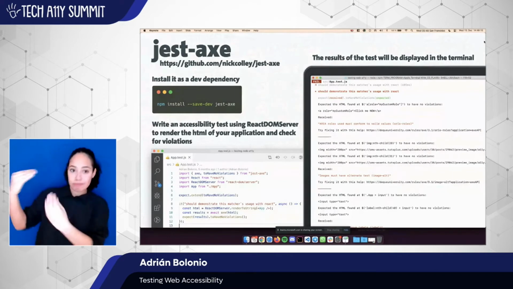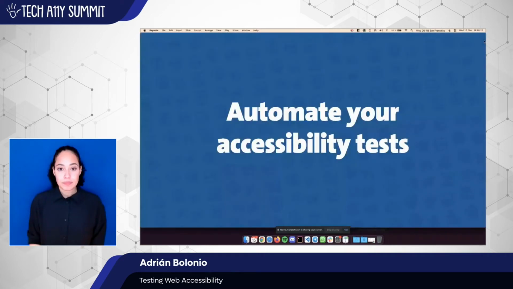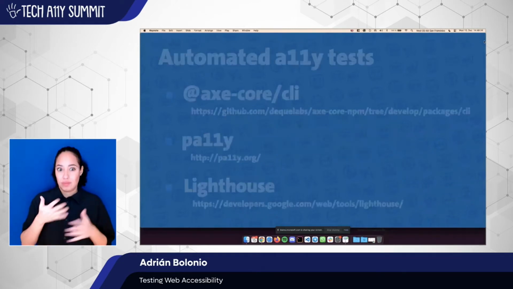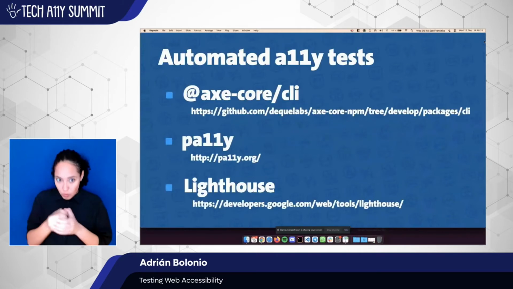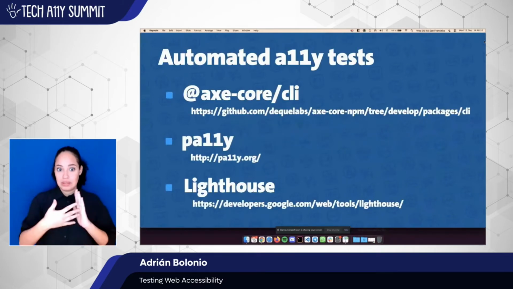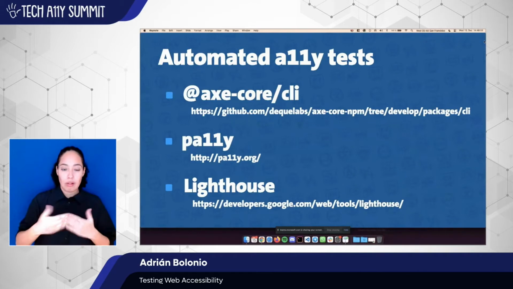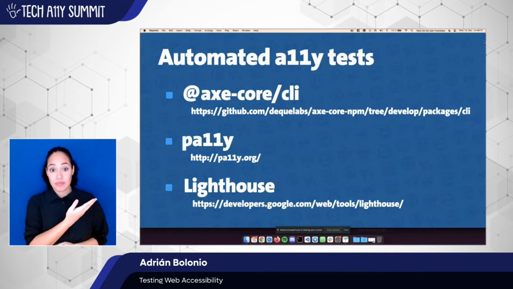Once you have your unit tests done, as well, you want to automate your accessibility tests at bigger scale. So in this case, I'm going to show you 3 tools that you can use in the terminal, not per project, and you can use it anywhere in your machine.